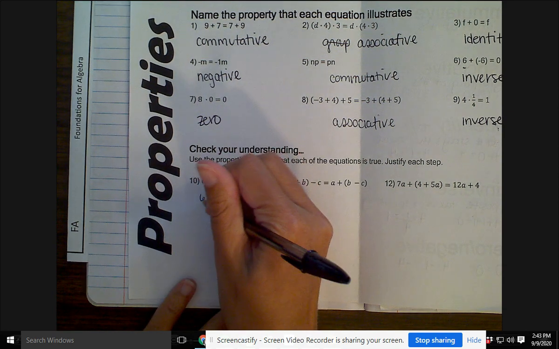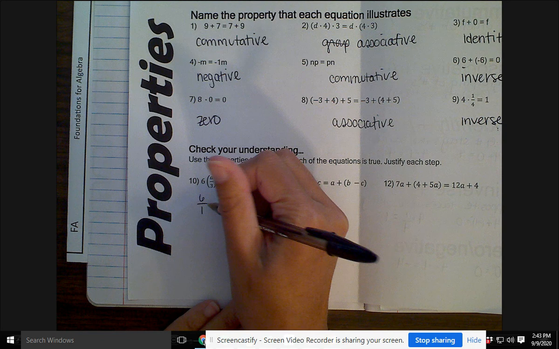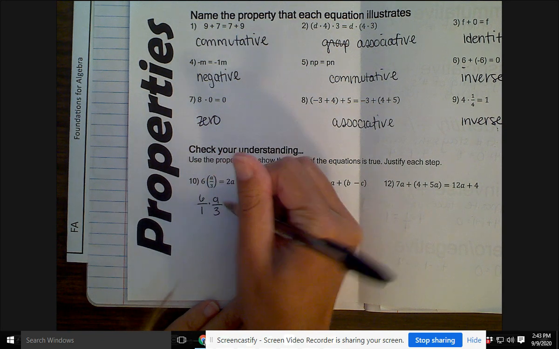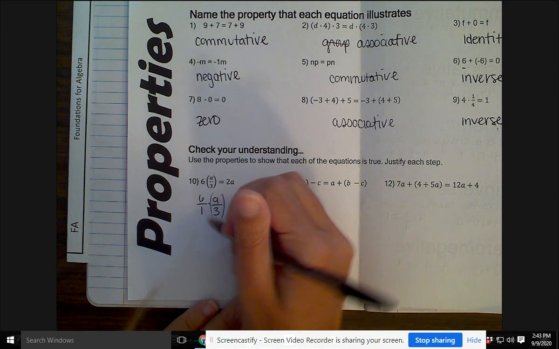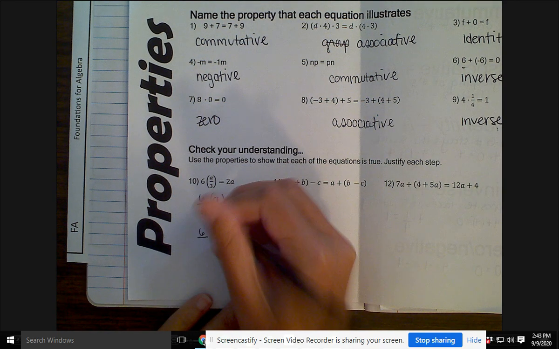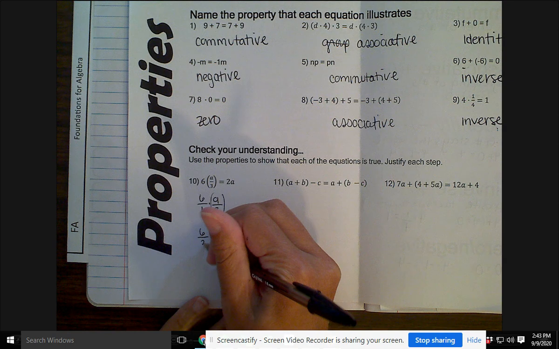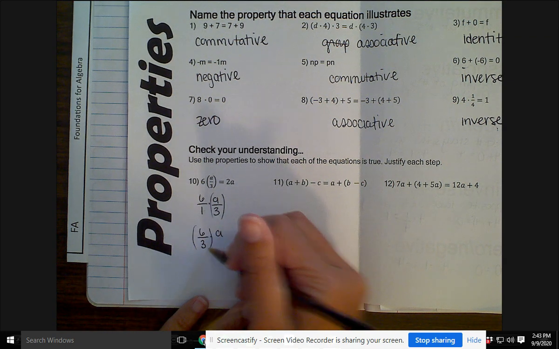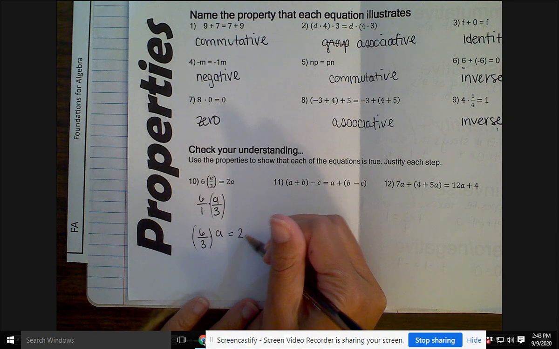Now that 6 is really over 1 because I can always write a number as a fraction. And then I can switch up the order on the bottom because multiplication is commutative. So I can move the 3 and the 1 around. And then the A doesn't really need to be over 1 because you can have the 1 or not.